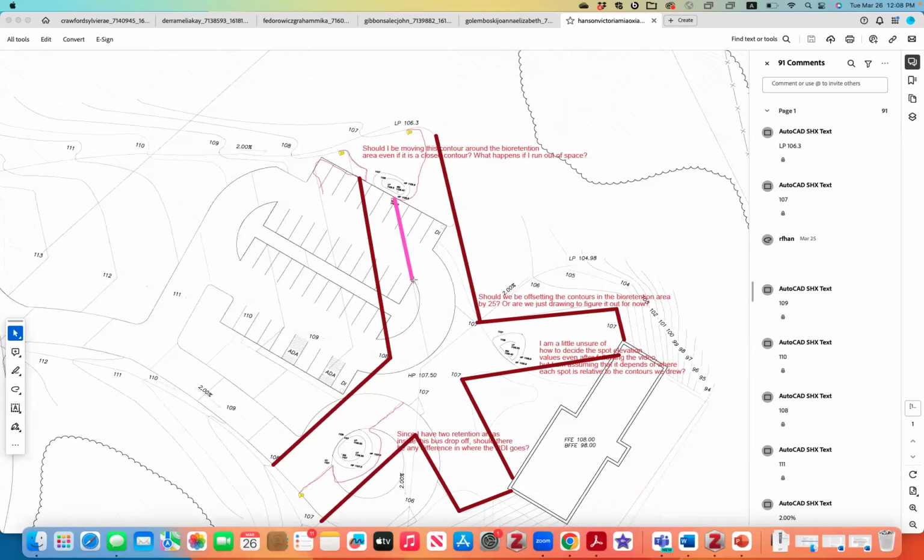This is a closed contour, because it seems like this is less than 25 foot, then that's a closed contour. Okay. It doesn't really affect the design here.